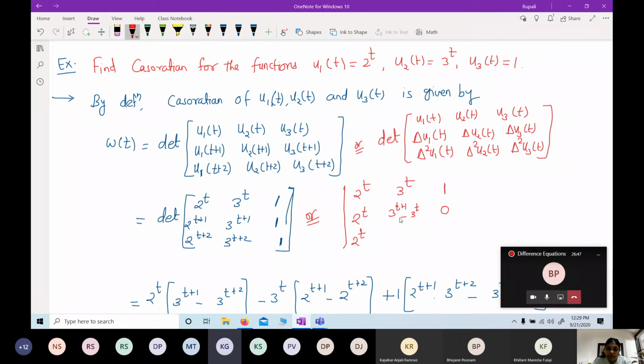For this, delta square of u2t is delta of 2 into 3 raised to t, which is 2 into 3 raised to t plus 1 minus 3 raised to t. 3 raised to t is common, 3 minus 1 is 2, so 4 into 3 raised to t. Right?